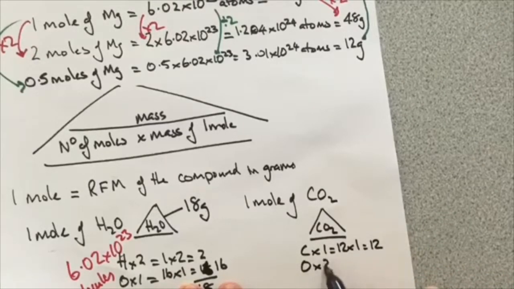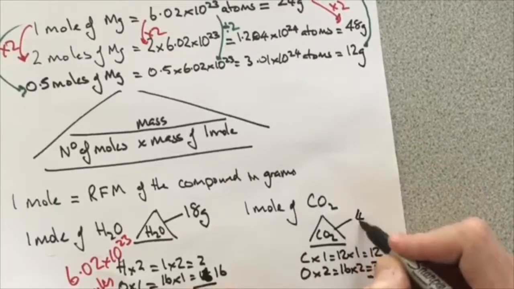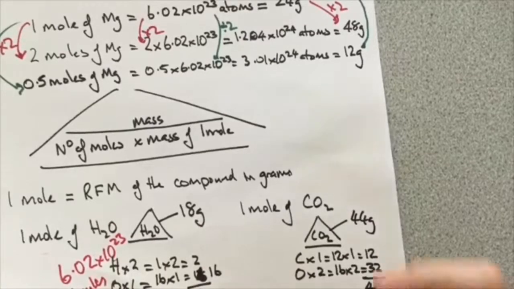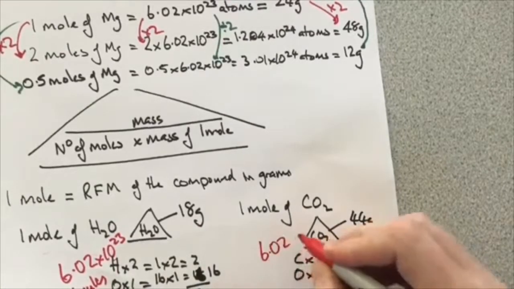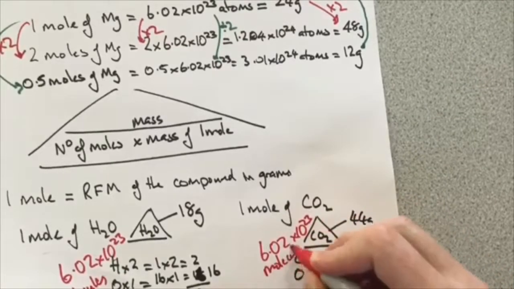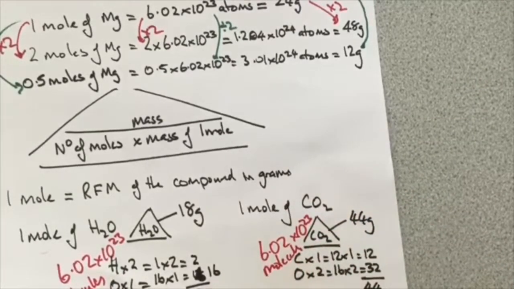Oxygen, there are 2 of them, which is 16 times 2, which is 32. Add them together, 44. So this has got a mass of 44 grams, and it still contains 6.02 times 10 to the 23 molecules of carbon dioxide inside it.